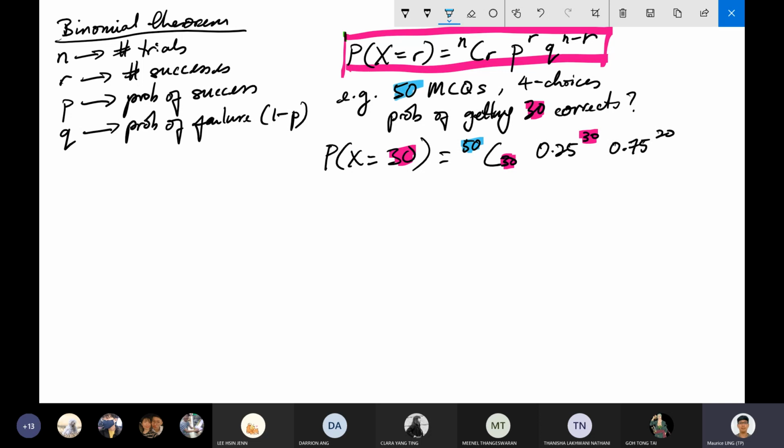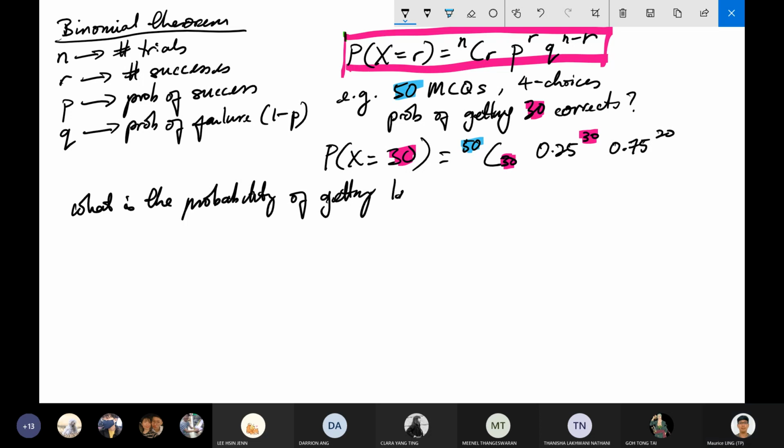Okay, so this is where the number is coming from. This is how you work it out. Now, it also depends on the question. For example, if I ask you, what is the probability of getting less than 10 marks or 10 corrects?